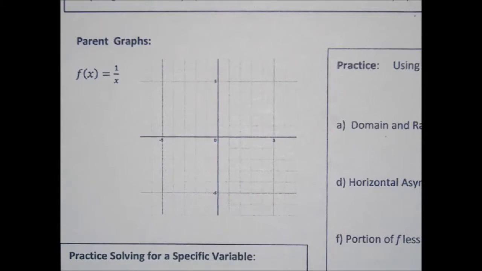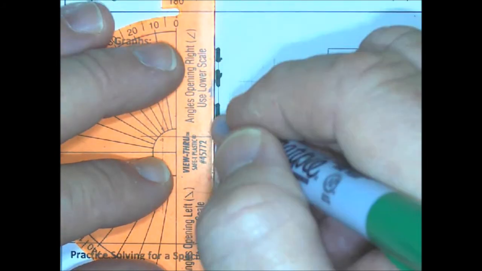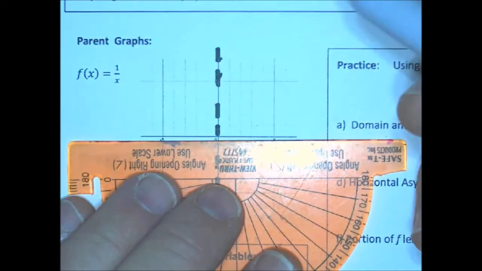Okay, let's talk graphing, since graphing rational functions was the last objective of the unit. So we start off with the parent graph, f of x equals 1 over x. The asymptotes were actually the x-axis and the y-axis. So remember, the graph cannot touch those asymptotes.